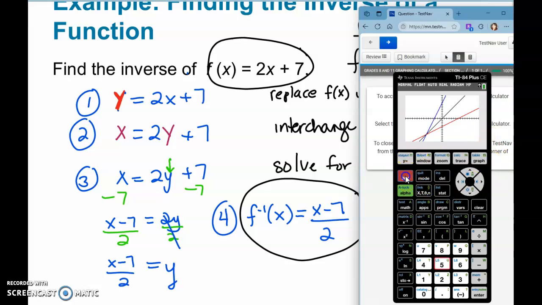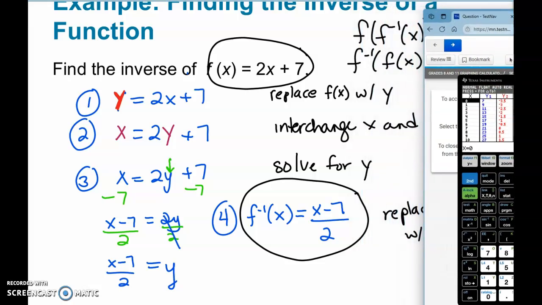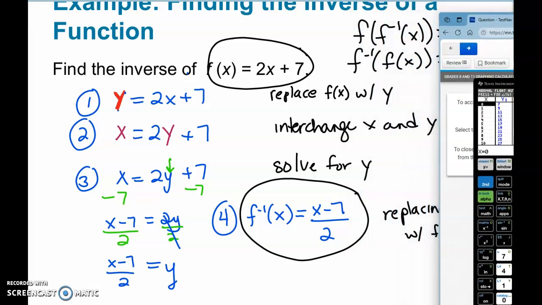If you were to look at the table, first let me get rid of this third line. If you were to look at the table, now just cover up the y2. This is 0, 7, 19, 21.